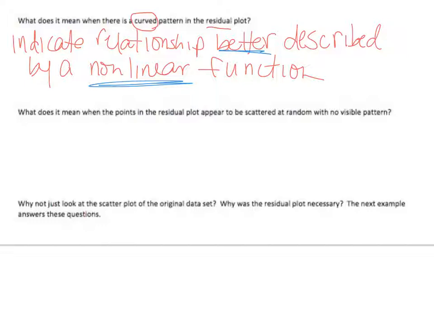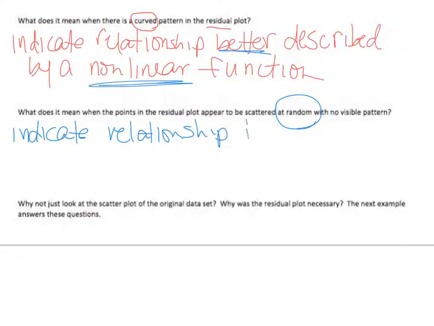What does it mean when the points in the residual plot appear to be scattered at random with no visible pattern? So now I've got a random one. And if we go back and look, that was the third graph. So this would indicate that the relationship is approximately linear. I mean, these are all approximations.